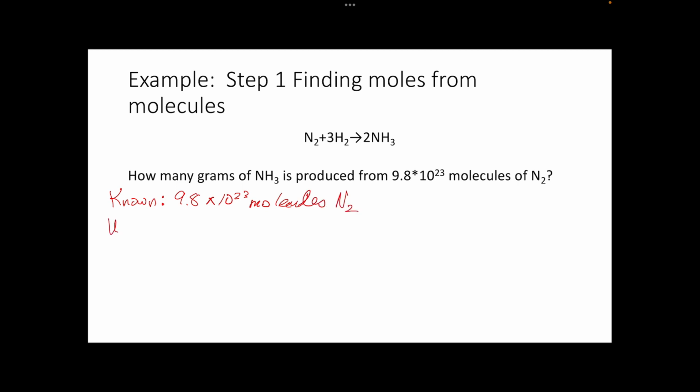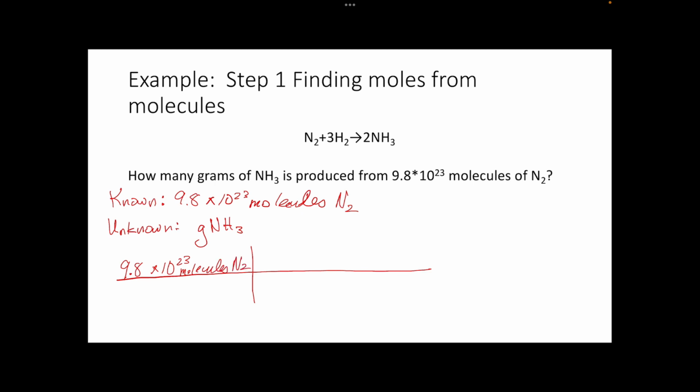Our unknown is what we want to know, and what we want to know are the grams of ammonia. The way we set this up is we use train tracks. We're always going to put our known quantity on the top left, so we just put that in here, 9.8 times 10 to the 23rd molecules of nitrogen.